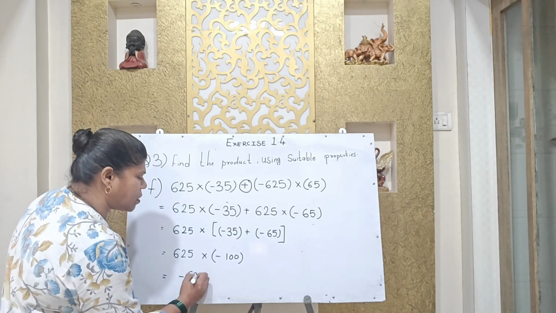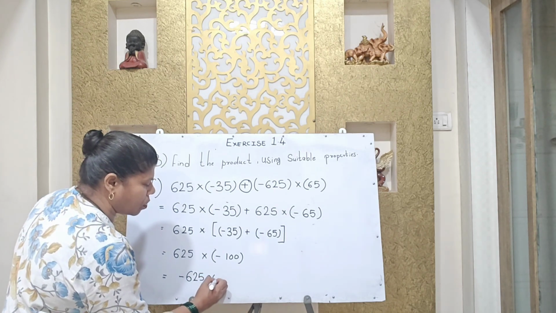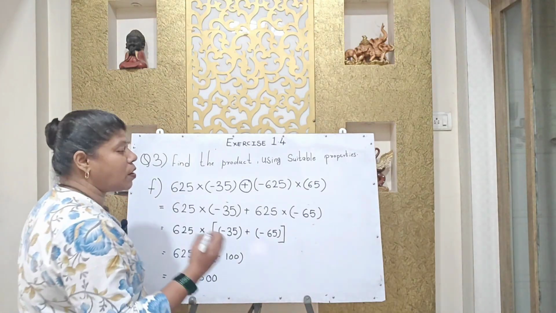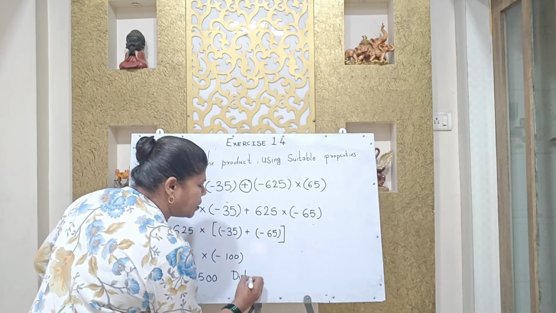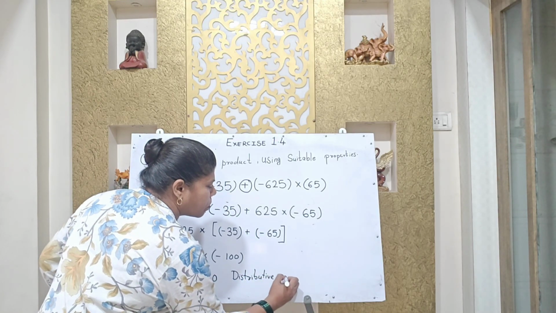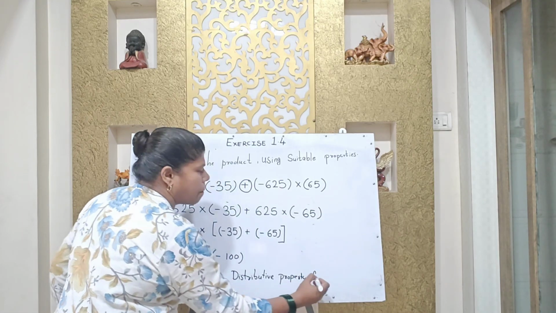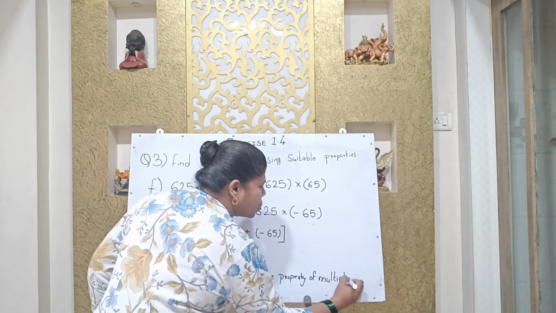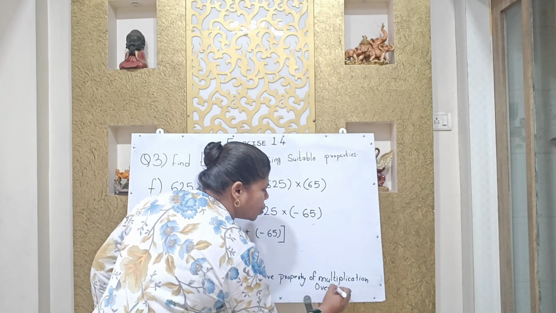Write down the number 625 and just write 00 after it. So the answer is 62,500, and we have used the distributive property of multiplication over addition.